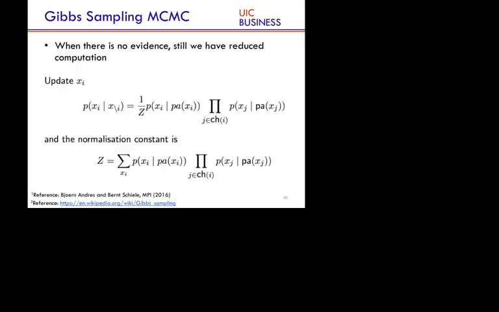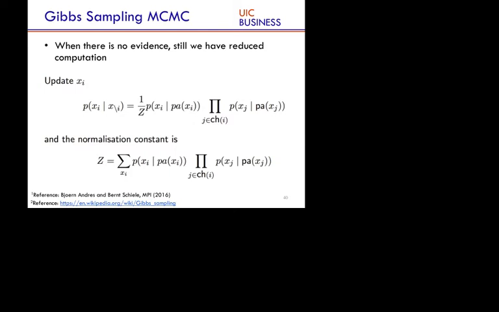Or in general, I've written it as when you don't have evidence. But basically, what I'm trying to say is that in Gibbs sampling, an intermediate procedure is to sample one variable at a time, right? If you have n random variables in your graph, then you have to take n micro steps, right?